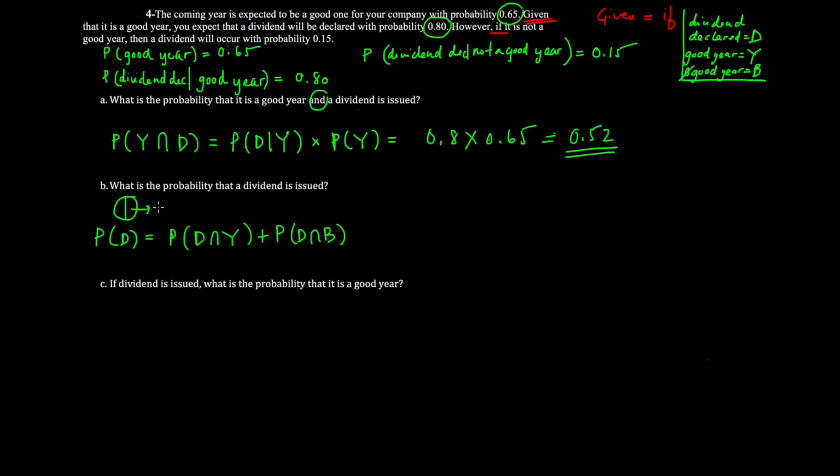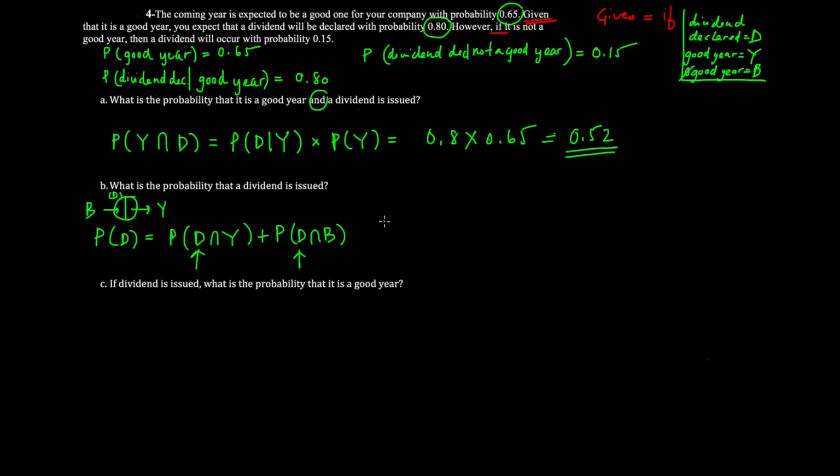A dividend can occur when it's a good year, and a dividend can occur when it's a bad year. And this is the probability of a dividend, right? So we need these two halves to form the full probability, because what do they have in common? The D right here and the dividend right here, right?